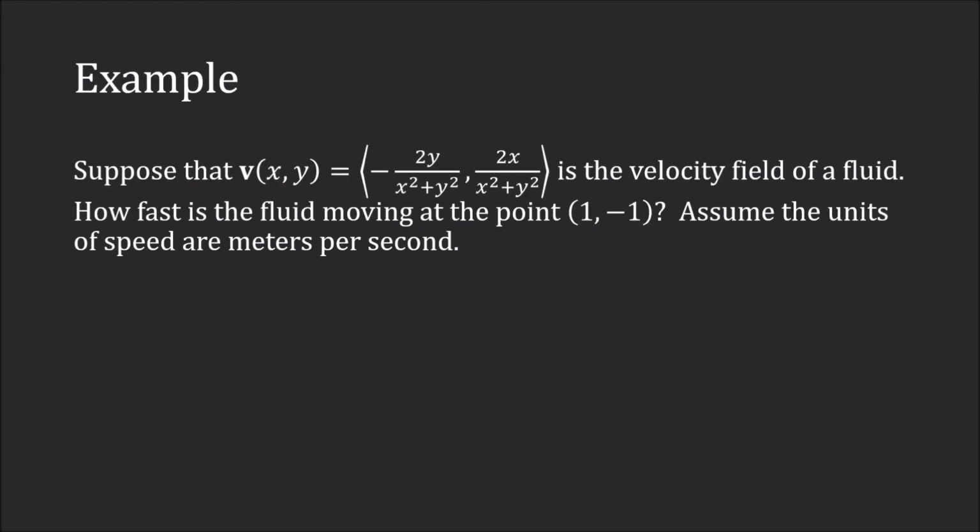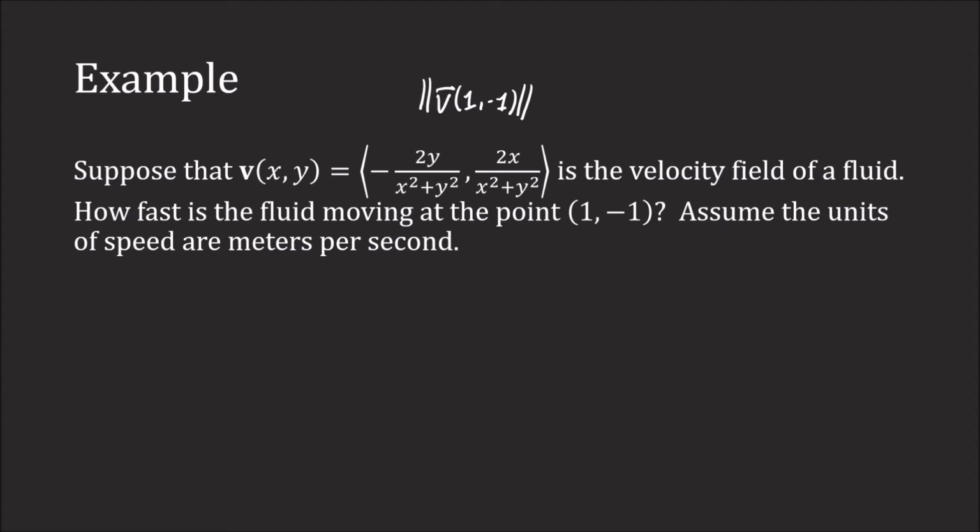Now, let's suppose that this vector field right here is the velocity field of a fluid. We're asked to determine how fast the fluid is moving at the point 1, negative 1, and assume the units of speed are meters per second. So essentially what we're looking for is the magnitude of v evaluated at 1, negative 1.